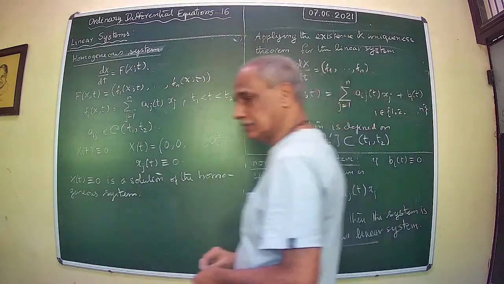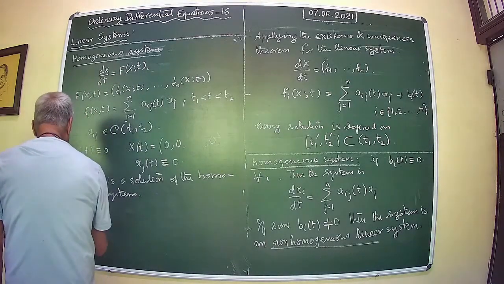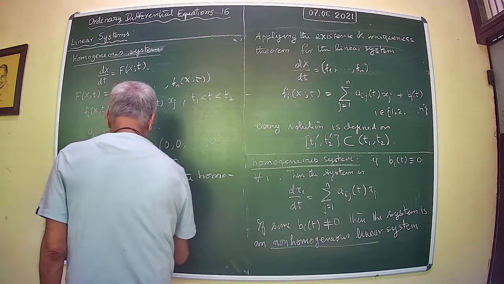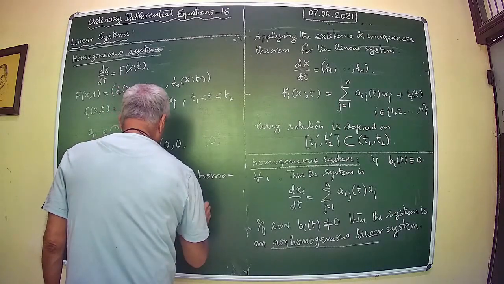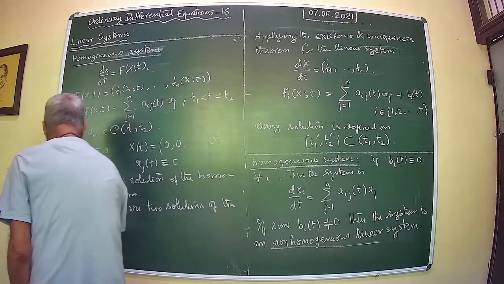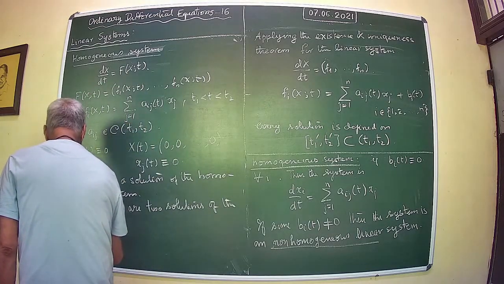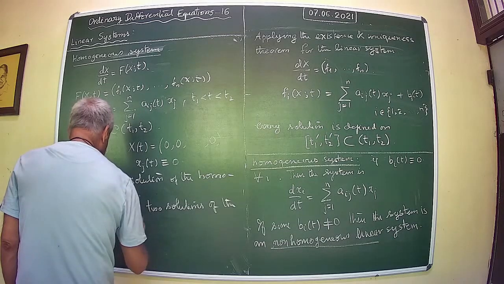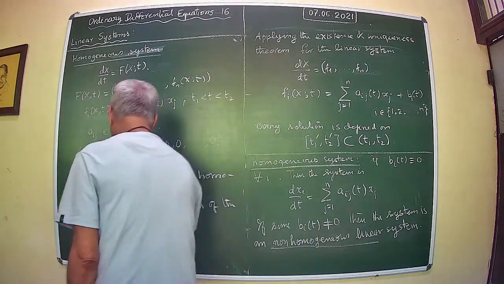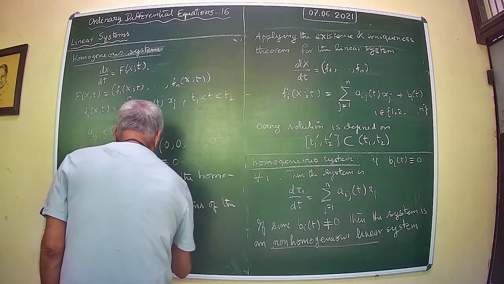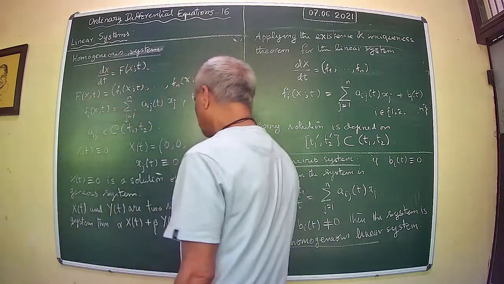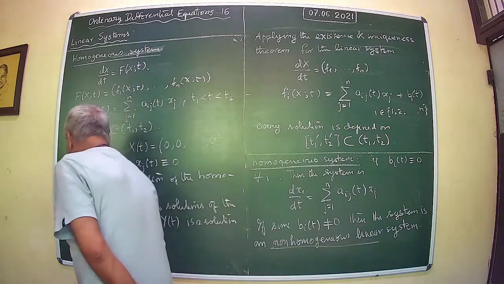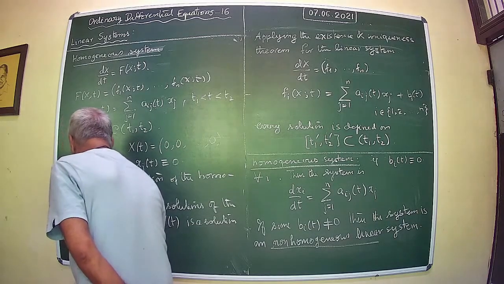The next observation is this: if xt and yt are two solutions of the system, then alpha xt plus beta yt is a solution of the system.